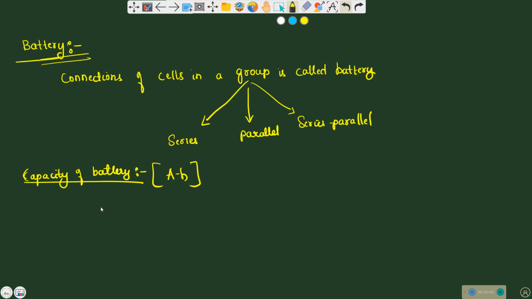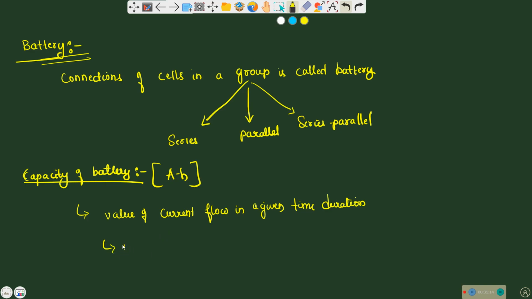Capacity of battery is defined as the value of current flow in a given time duration. Remember this.